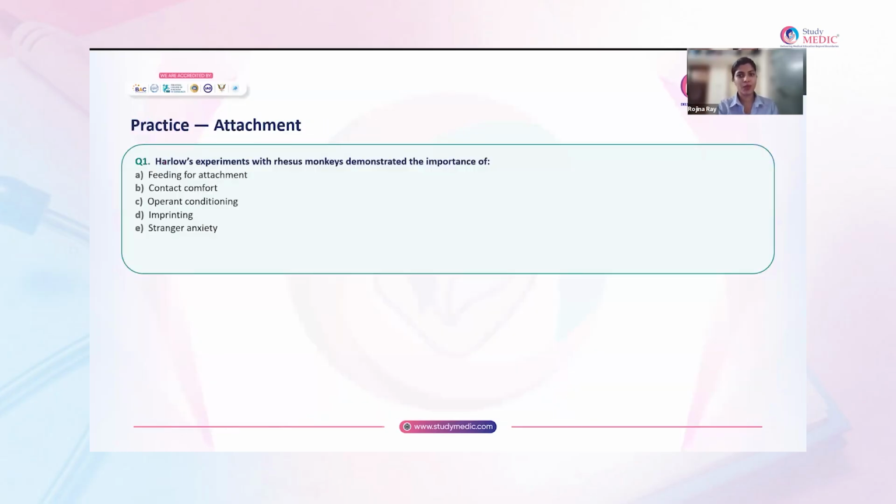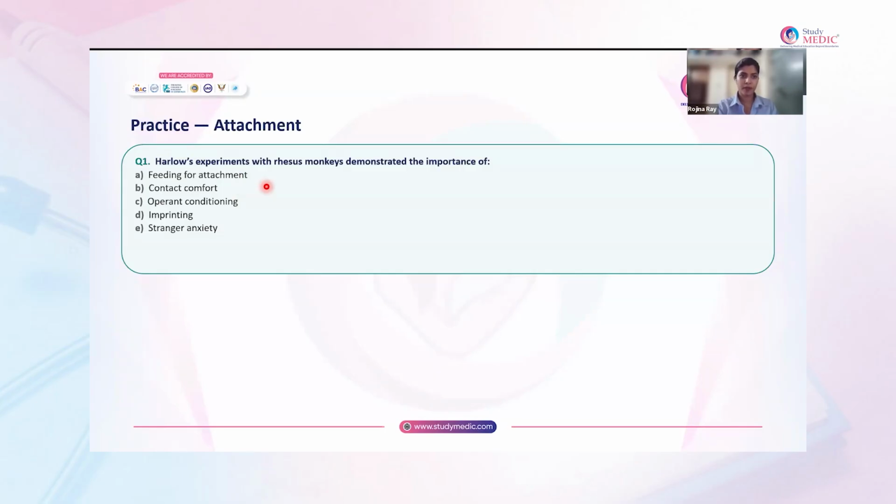Now, let's try to answer this question. First question is, Harlow's experiment with rhesus monkeys demonstrated the importance of, these are the options. So you can try to look for the answer. So let's look at the options one by one. Feeding for attachment?